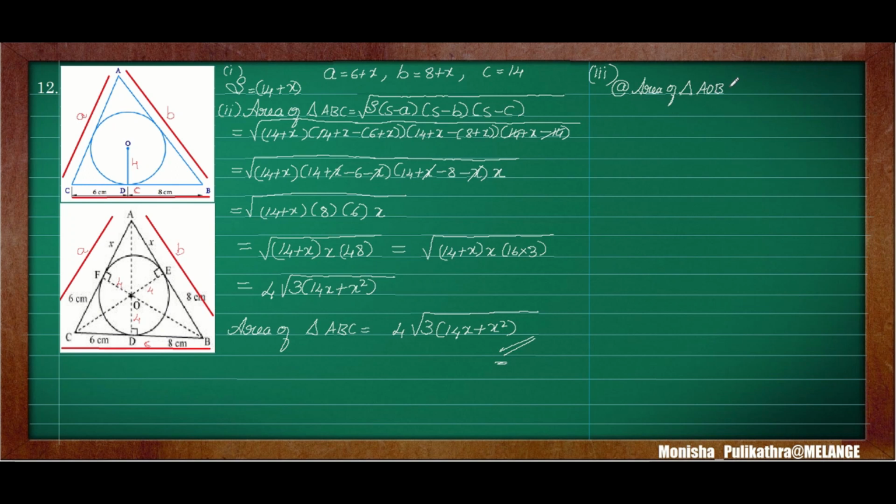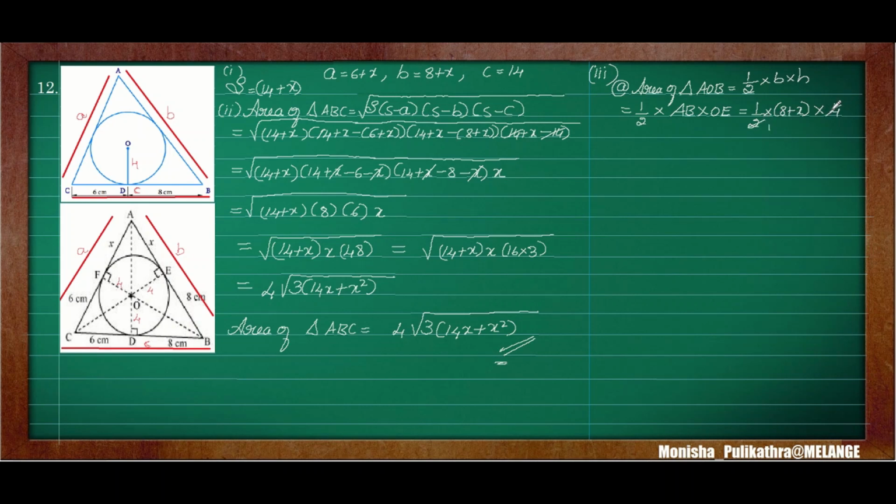Okay, area of triangle AOB, which is given by formula half into base into height. Here in area of triangle AOB, half into AOB triangle is here. This is AOB triangle. So base is AB and height is OE. Okay, half into base AB is equal to 8 plus x into height is 4.